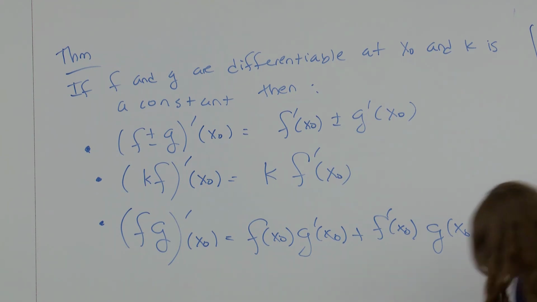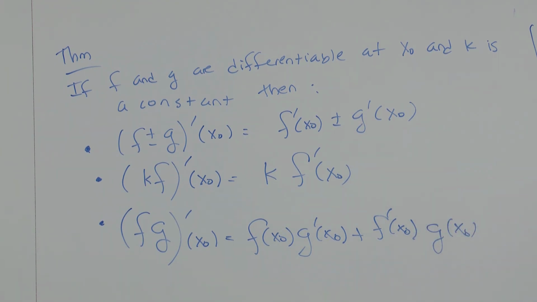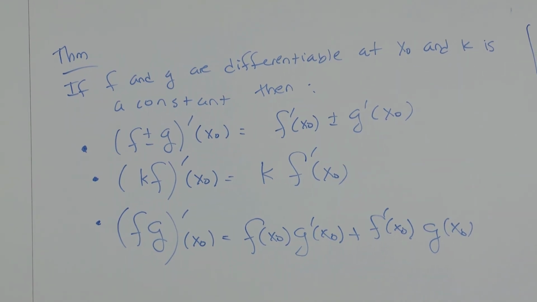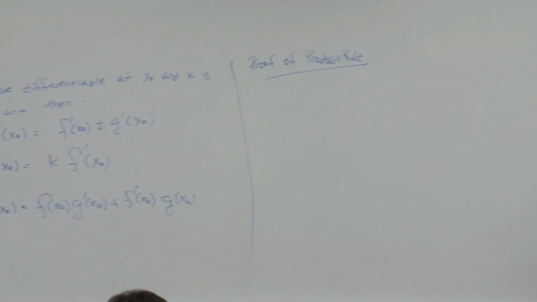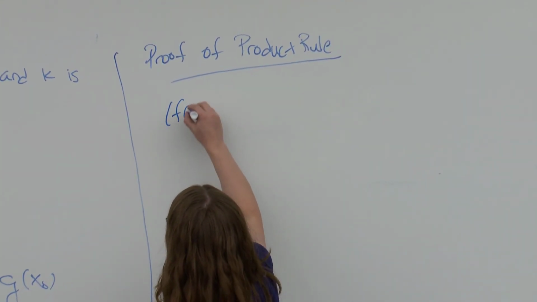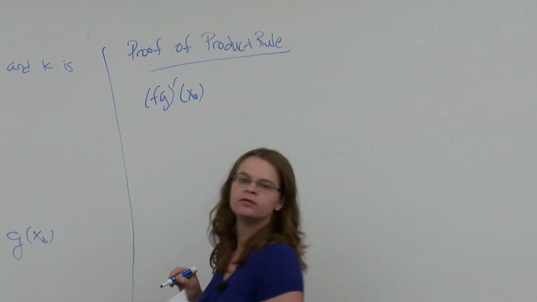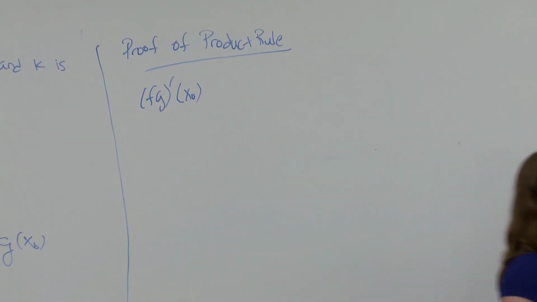Okay, again, I'm not going to prove all of these, but let's prove the product rule because that's the most interesting one. Proof of the product rule. All right, so what we wanted to compute, I'm going to start with the left-hand side: the derivative of f times g at x naught.